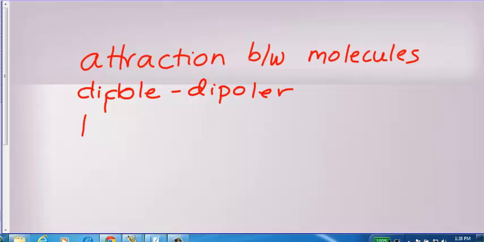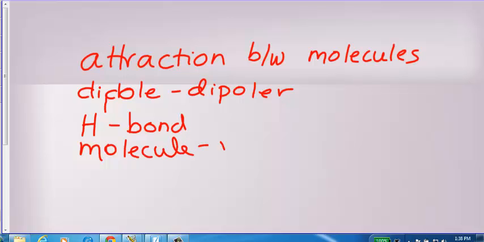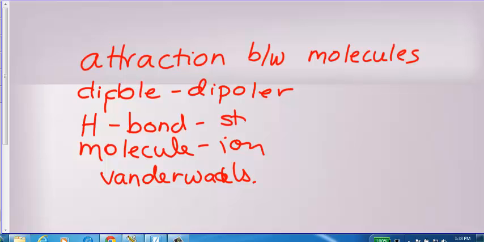You have your hydrogen bonds, which are attractions between H and O, F, and N. You have your molecule-ion, and you have your van der Waals. Of these, hydrogen bonds are the strongest, and van der Waals are the weakest. Okay? Dipole-dipole and molecule-ion are somewhere in between.